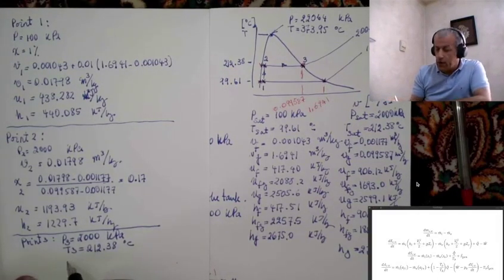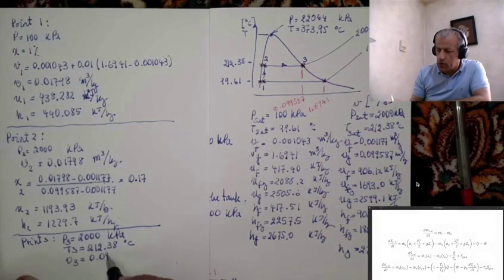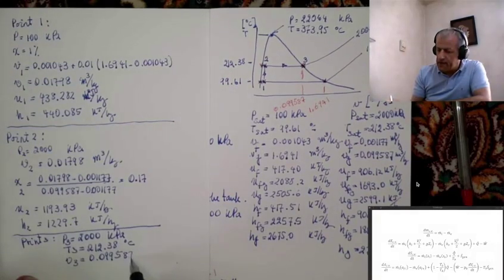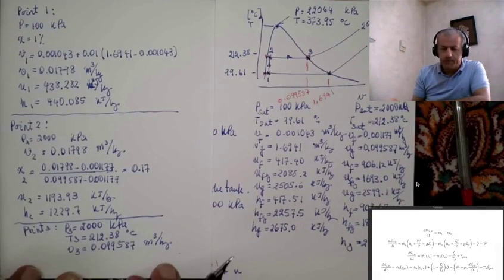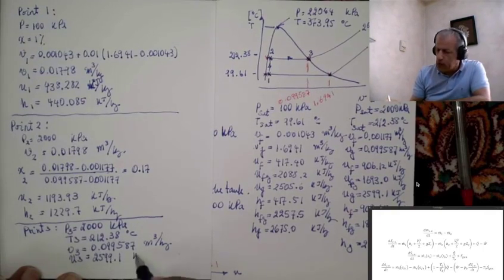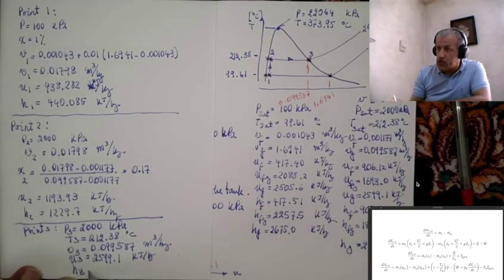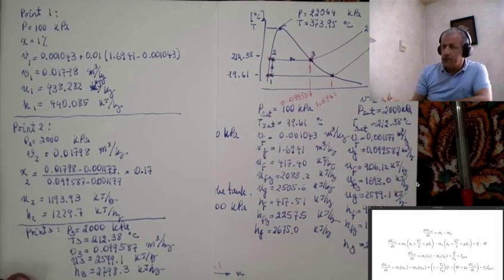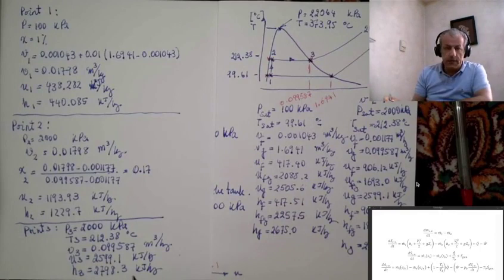And since it is saturated vapor, v3 would be 0.099587 cubic meters per kilogram, and u3 is 2599.1 kilojoules per kilogram, and h3 is 2798.3 kilojoules per kilogram.